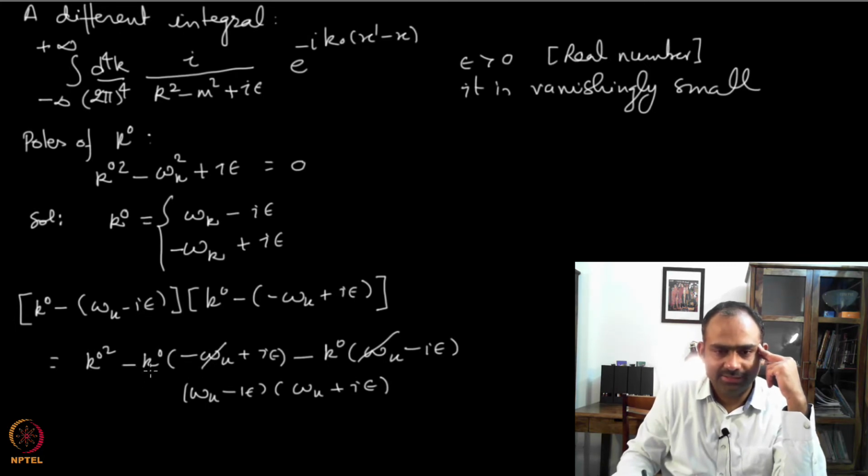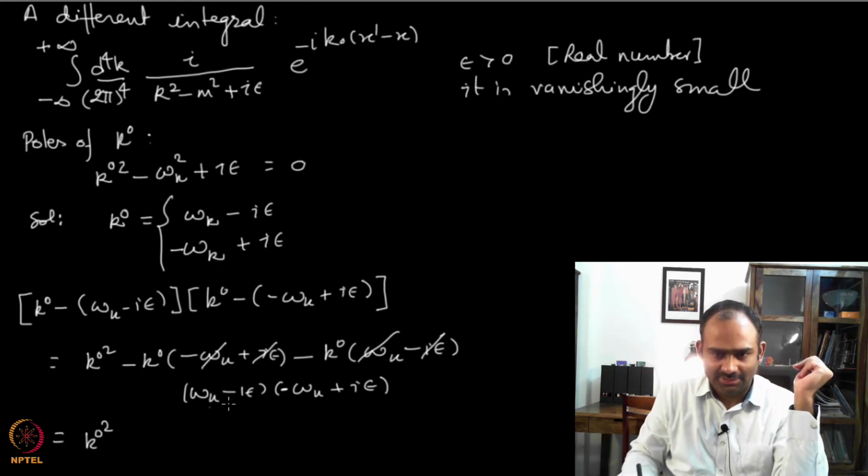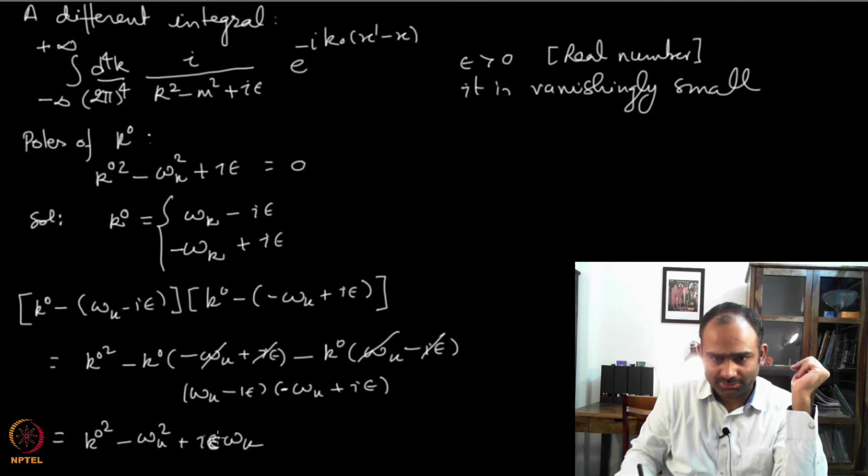This is minus k0 i epsilon, this is plus k0 i epsilon. So, this term also goes away, and we are left with k0^2, and this times this is minus omega_k^2, and then you have minus i epsilon times minus omega_k gives you i epsilon omega_k.